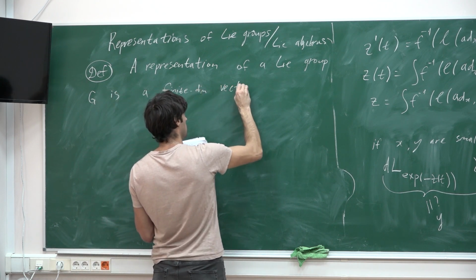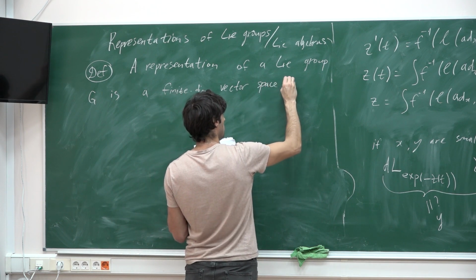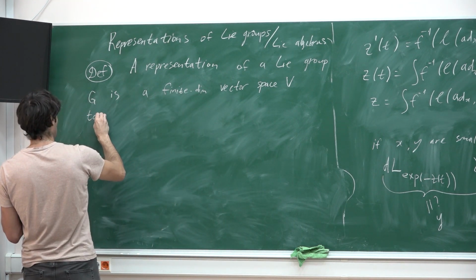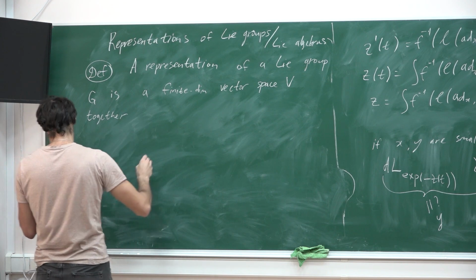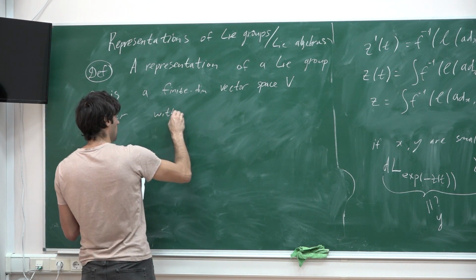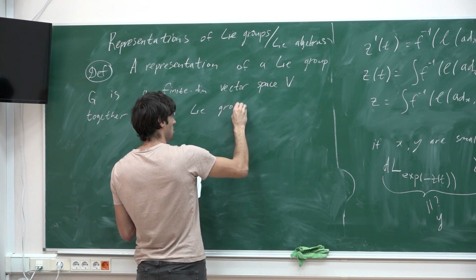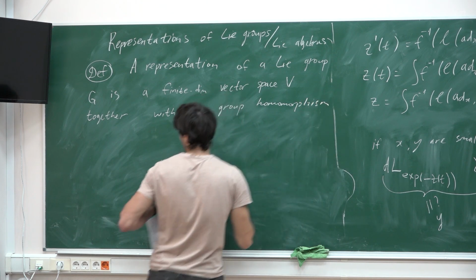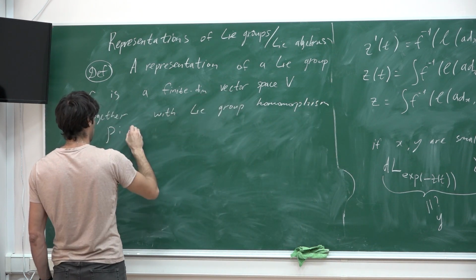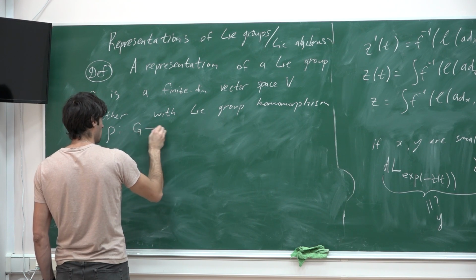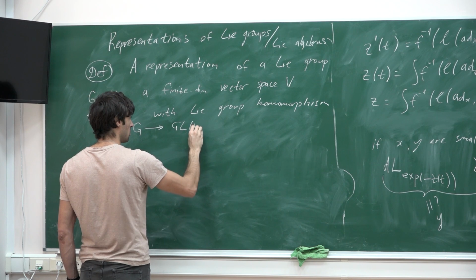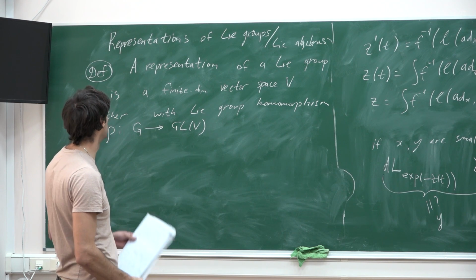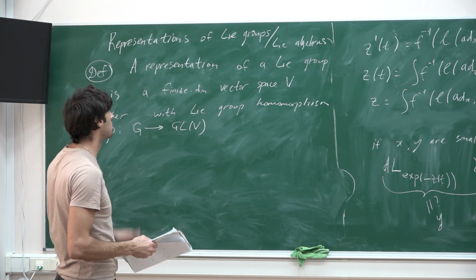A vector space V together with a Lie group homomorphism rho from G to GL(V). That's it. So let us also introduce some terminology.